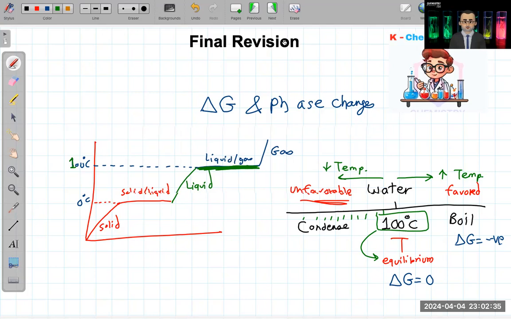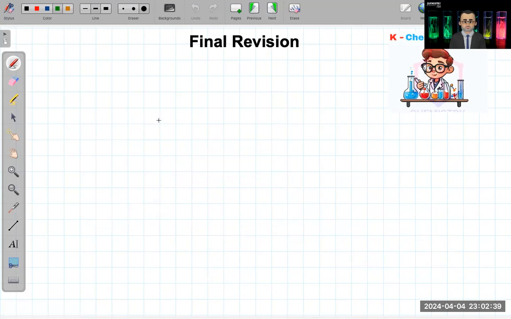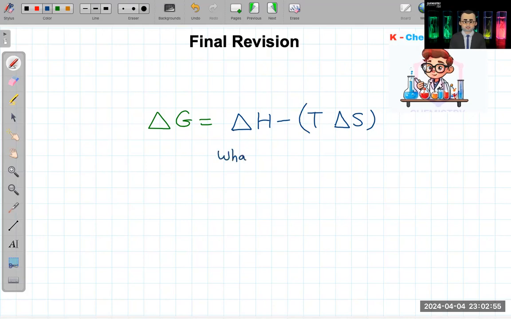Mister, how am I going to make use of this? I'm going to make use of it in this way. He will give me a question and tell me delta G is equal to... can we try to remember the equation? Delta H minus T multiplied by delta S, correct? And then he tells me what is the boiling point.